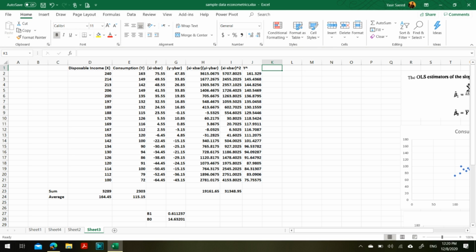Next we want to find the residuals. I've written residual over here, and I want to calculate the residuals.